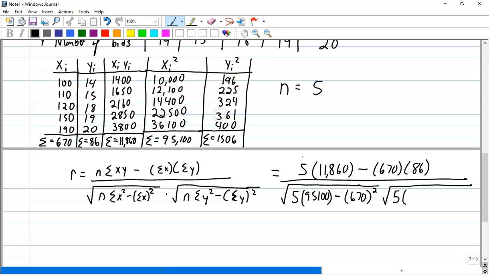What's the sum of my y squared? 1506, minus the sum of y squared. So the sum of y was 86. That's 86 squared.